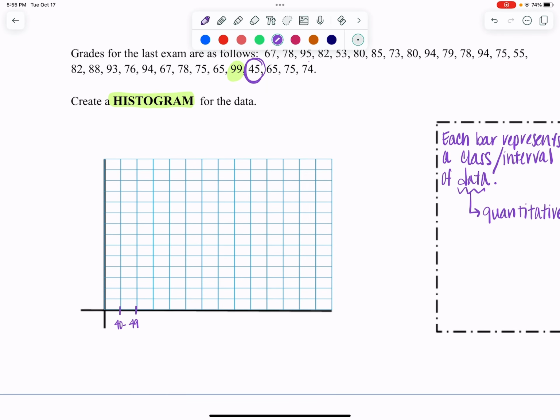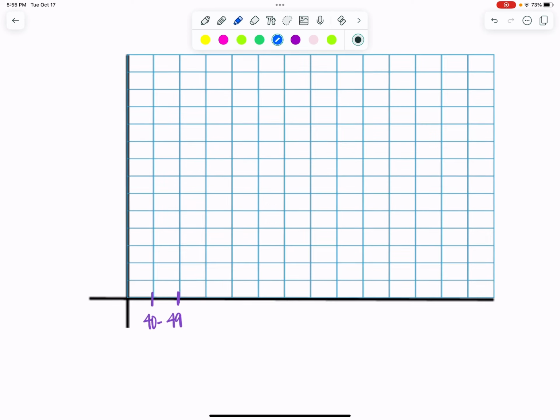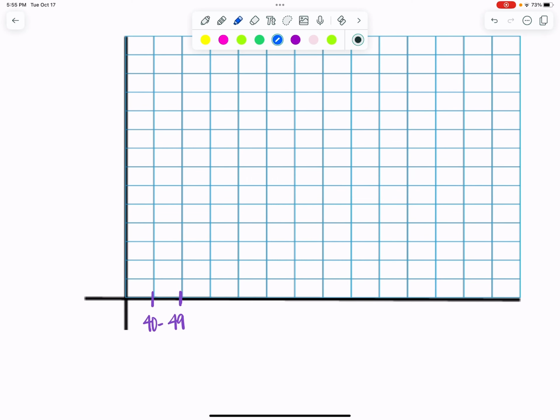And I'm going to go count all of the grades that land in that 40 to 49 range. I think there's just one. I think it's just that 45. I think we probably have enough space here that we can just count by ones.